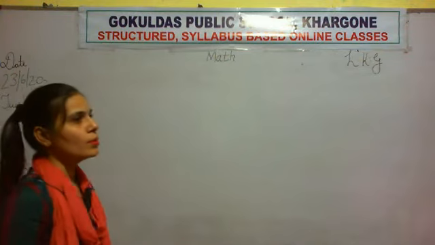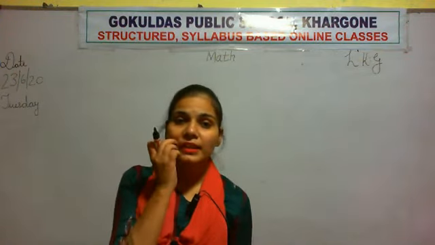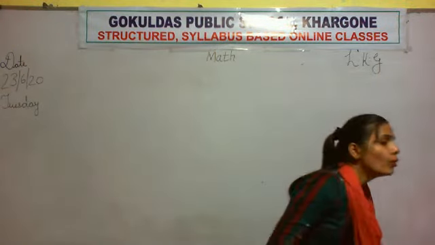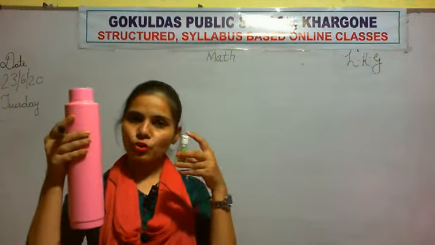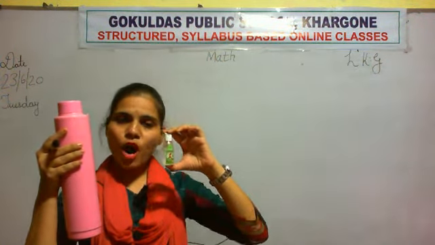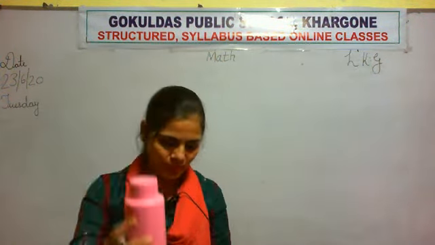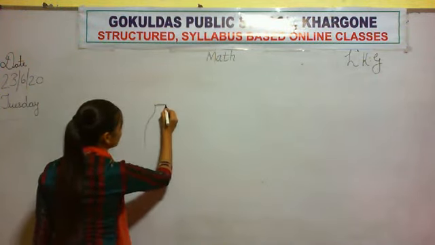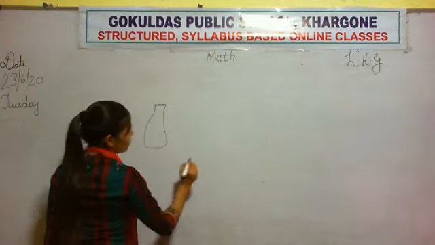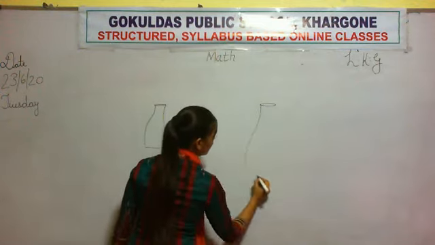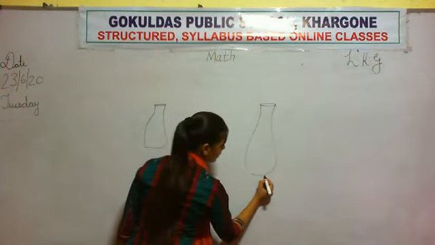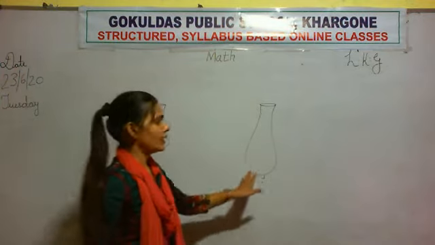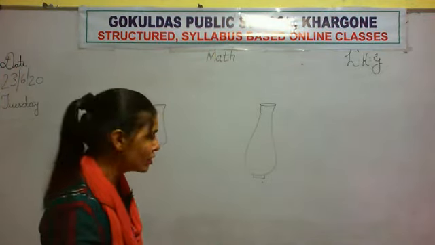Okay. Now my next concept is big and small. I have two bottles. This is a small bottle, but this one is a big bottle. So I draw the bottle here. This one is small and this one is big.